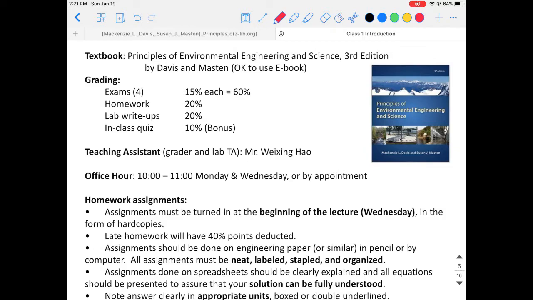In terms of the grading, we're going to have 4 exams, basically 4 quarters of the contents for this class. Because this is an entry-level environmental engineering class, we're going to deal with quite many concepts and different treatment systems.